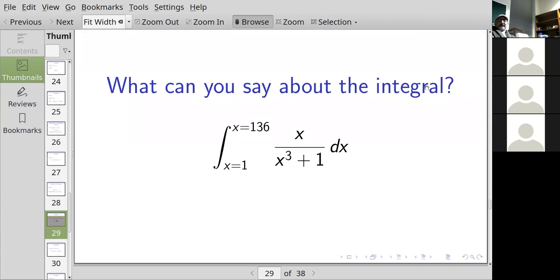So what about this: the integral from x equals 1 to x equals 136 of x over x cubed plus 1 dx. What can I say about this integral? I don't know how to evaluate it exactly. It's always positive, or zero. Yeah, the integrand, the function x over x cubed plus 1, is greater than or equal to 0 everywhere between 1 and 136. So I know that the area under that curve is greater than or equal to 0.